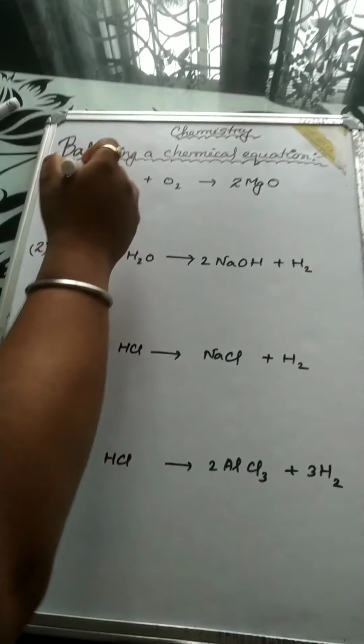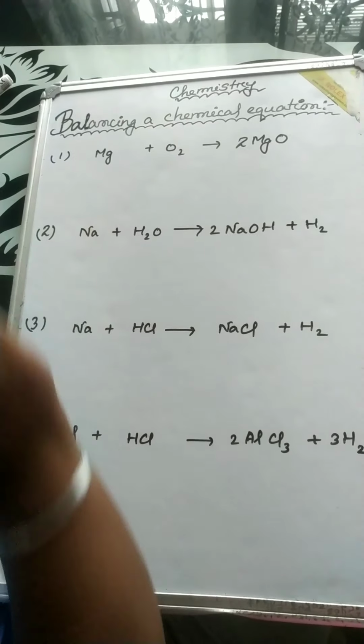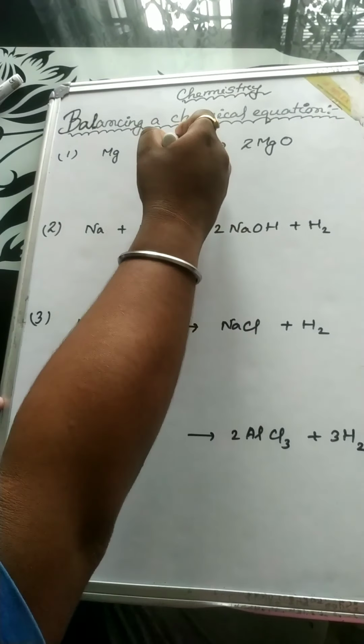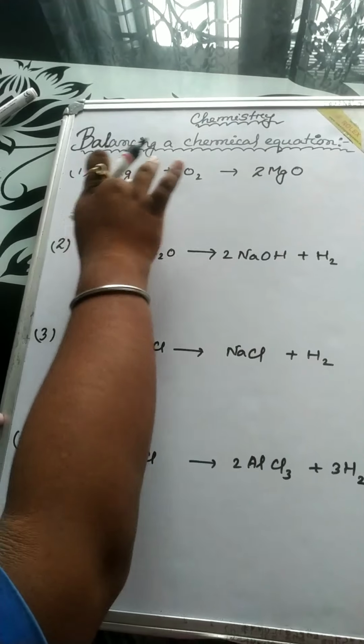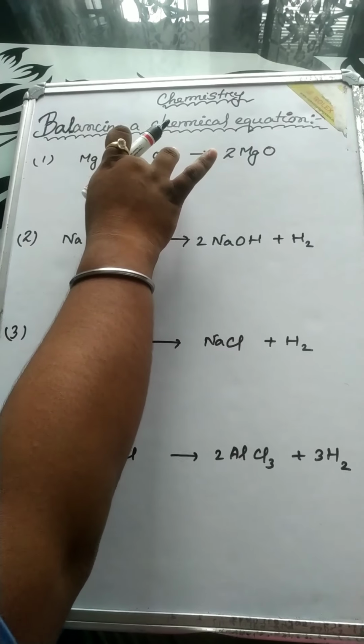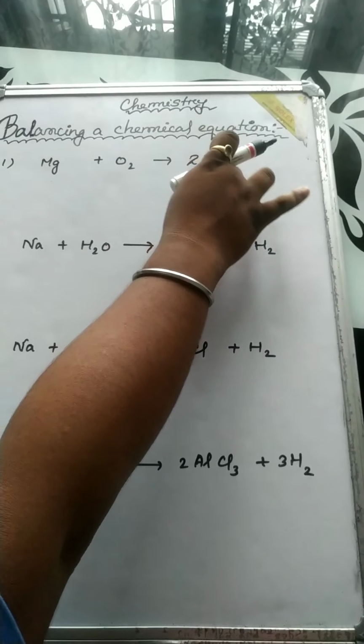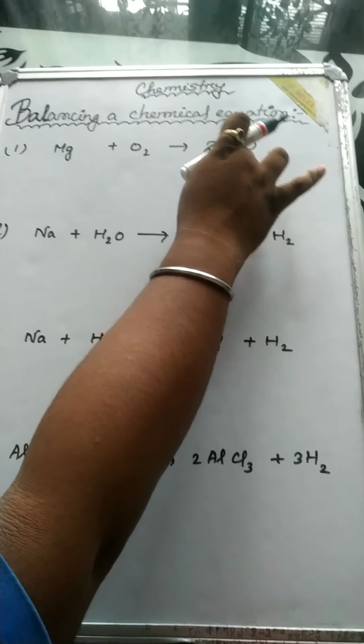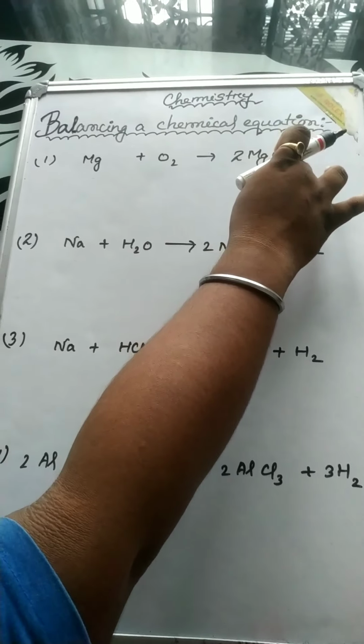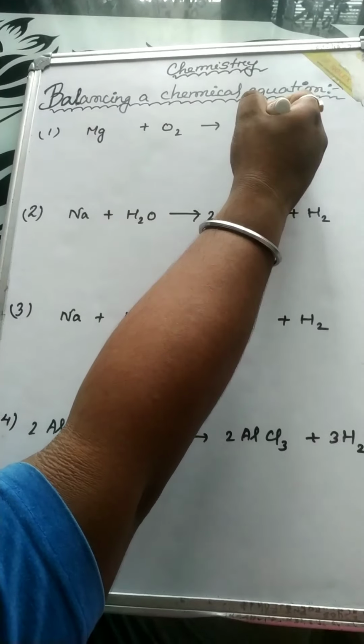First, there is one atom of magnesium and two atoms of oxygen on the reactant side, right? Then on the product side there are two atoms of magnesium and two atoms of oxygen, since this 2 is written before.